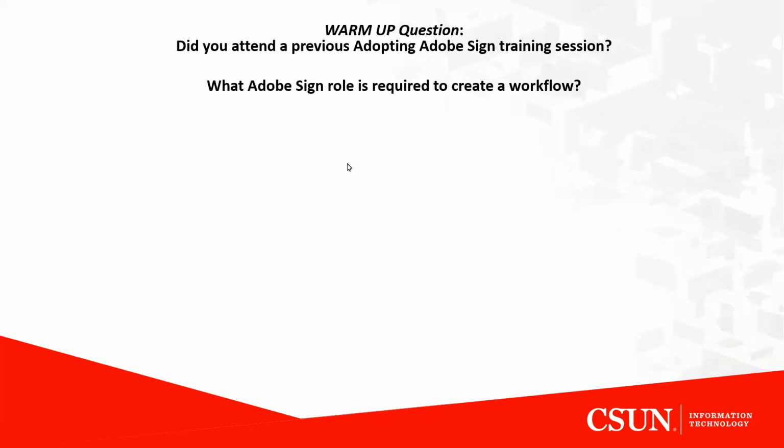Okay, so the answer to this question is group administrator. So in order to get the Adobe Sign workflow capability, we have to get you to fill out a group administrator access form. Now, there are three main roles. This is for those of you who didn't attend the session prior to this.